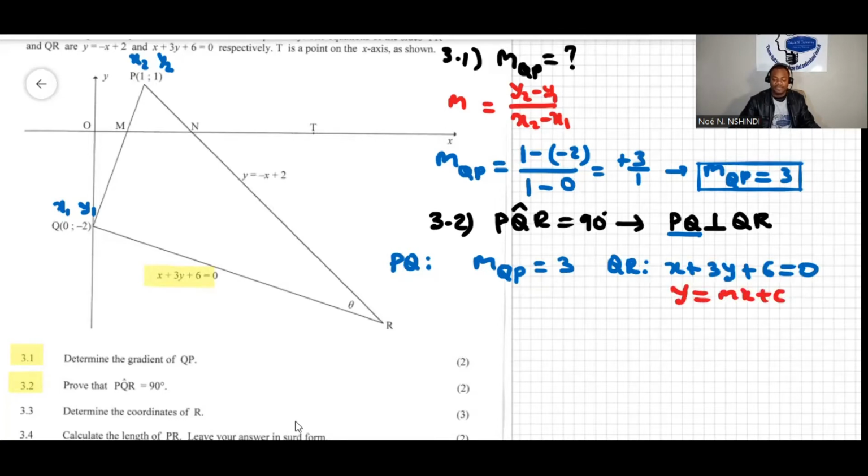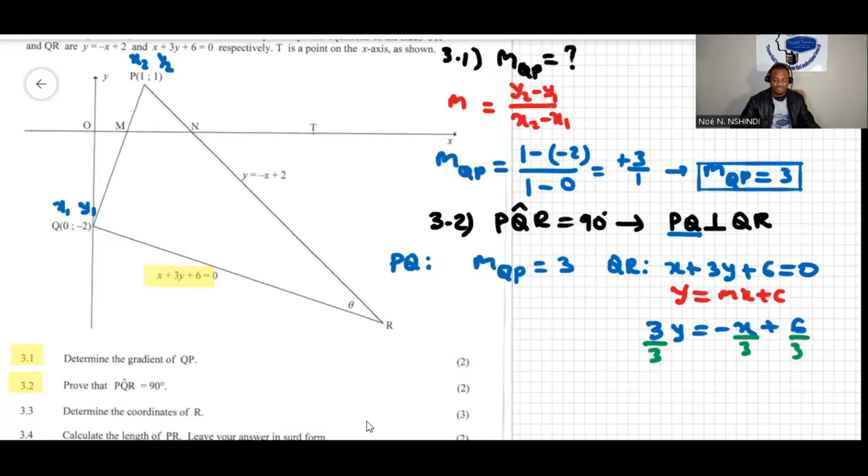Now I'm going to move x and 6 over, so this will be 3y equals negative x minus 6. Now I will divide the equation by 3 because I need to get the form of the previous line. So I divide each term by 3.